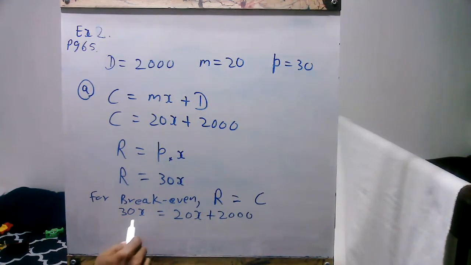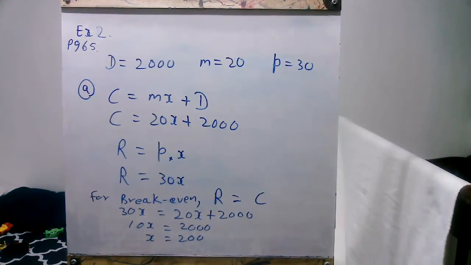This gives us 30 minus 20 is 10x equal to 2000 and x equal to 200. That means break-even point equal to 200 means when the sales is 200 bottles per month, the winery is break-even. That means they don't make money, they don't lose money either.